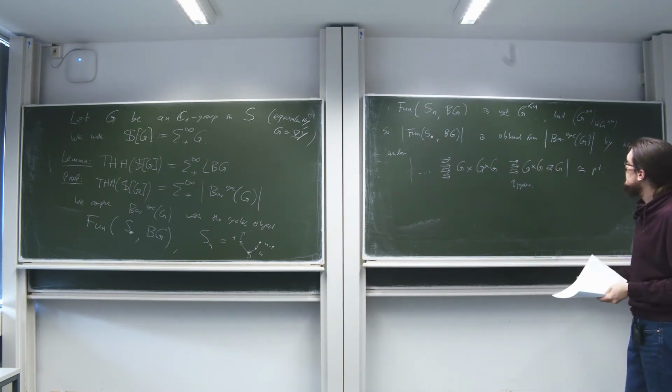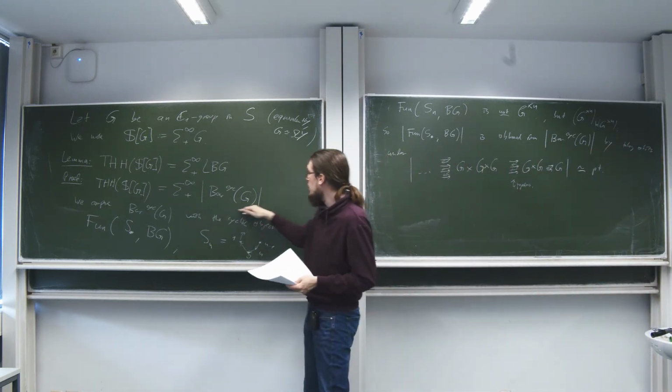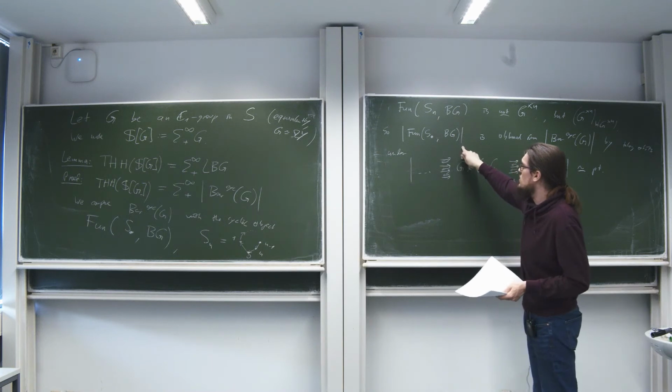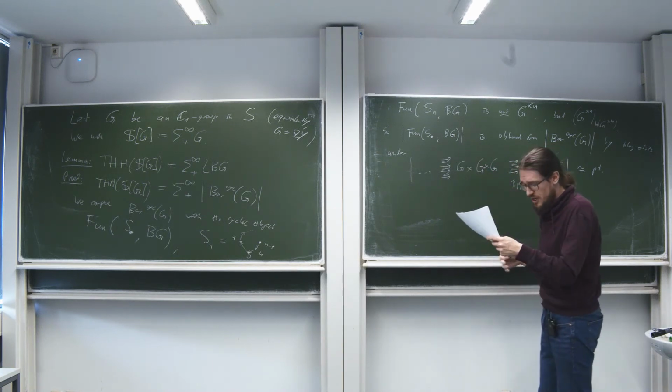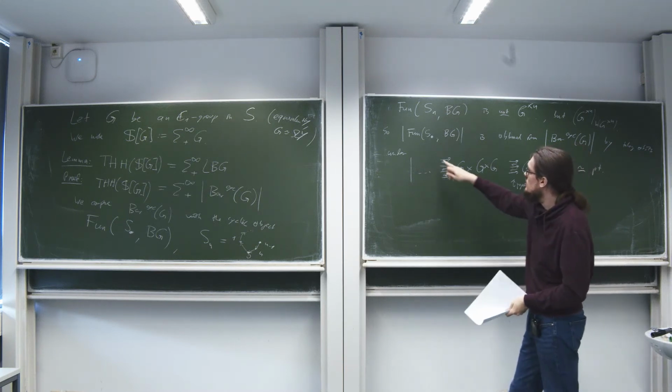So that's nice. That means that we can replace this guy over here with this kind of realization of the cyclic nerve that we saw over here. And what is this guy?